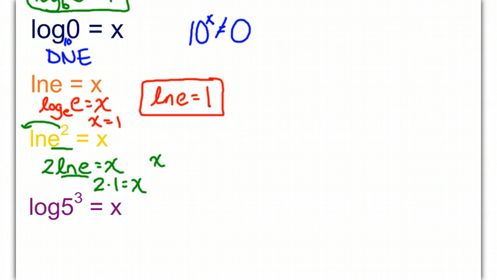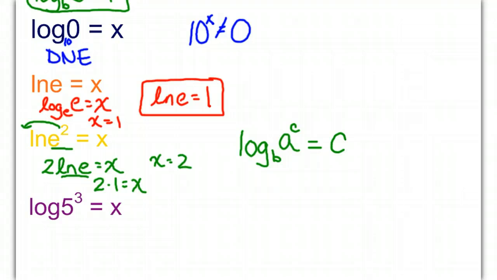So here x equals 2. Okay, so that is our third property, is if you have log base b of a raised to the c, we can rewrite that as the exponent c times log base b of a. Okay, so that is our last property.